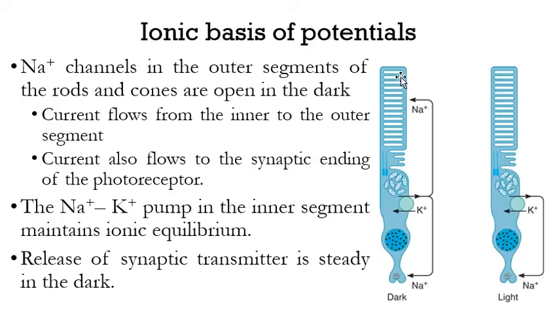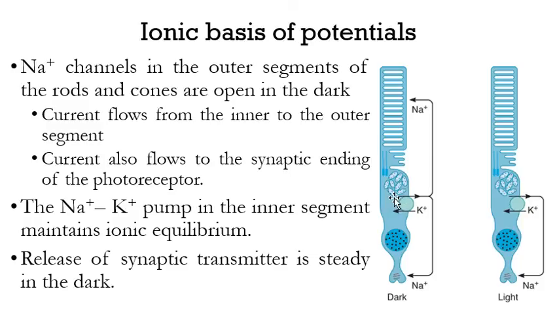And the current of sodium flows from the inner, and it goes to the outer, all right? So you have sodium from the inner, then it goes to the outer. Current also flows to the synaptic end.